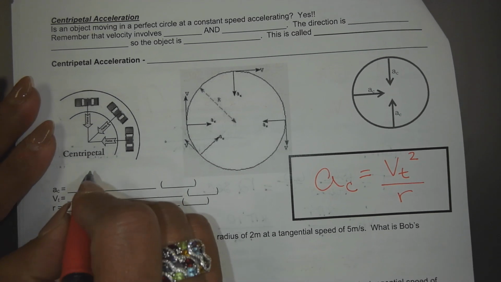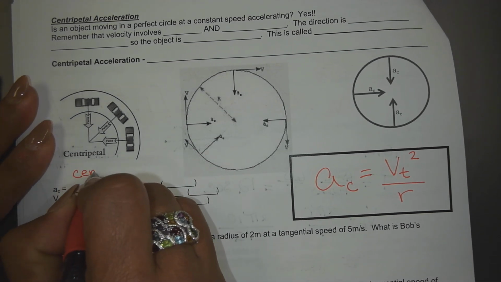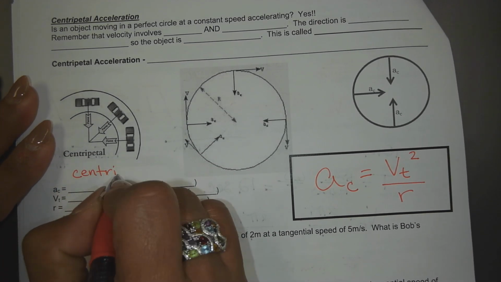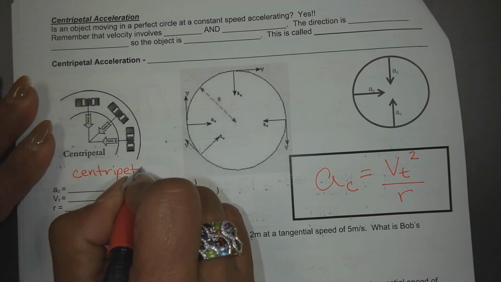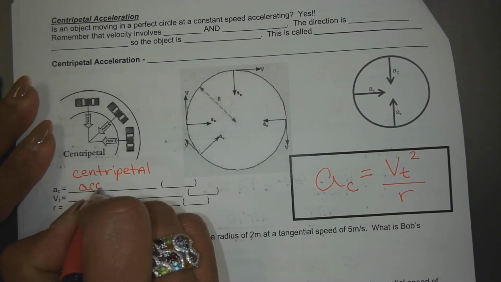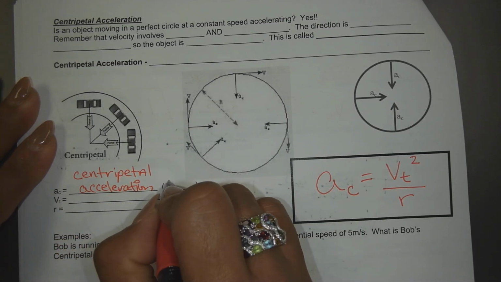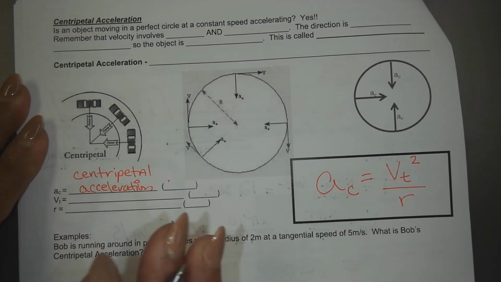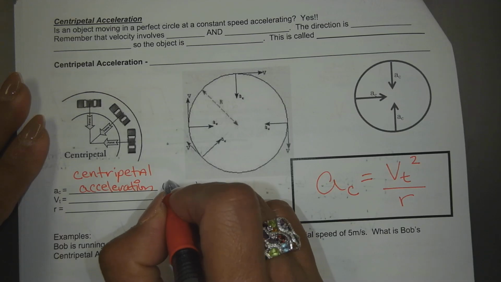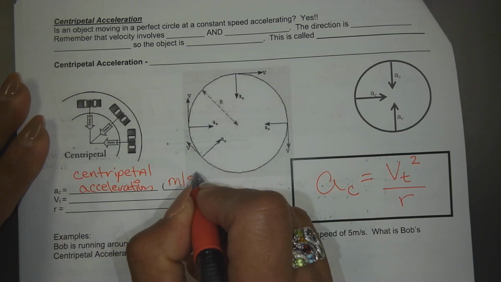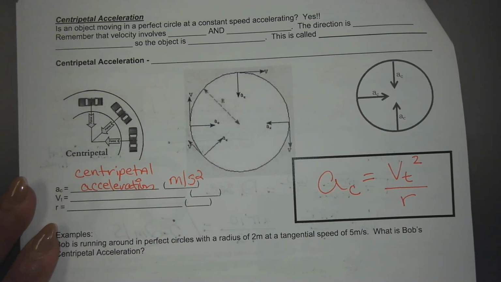Or centripetal acceleration, depending on how you pronounce it, which our acceleration was meters per second squared. It's still meters per second squared.